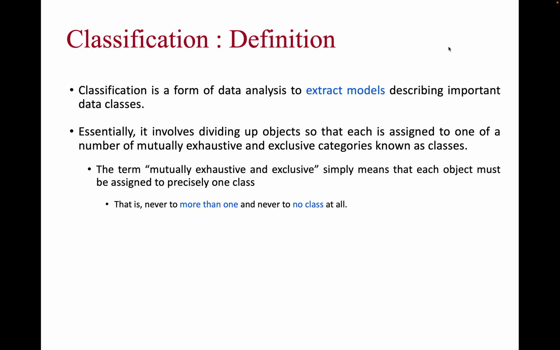It involves dividing up objects into classes so that each is assigned to one of a number of mutually exhaustive and exclusive categories known as classes. बोलना क्लास में बेसिकली क्या कर रहा है ना, objects को divide कर रहा है and we are assigning it to one class, exclusively and exhaustively to only one class. ठीक है, the term mutually exhaustive and exclusive simply means that each object must be assigned to precisely one class.